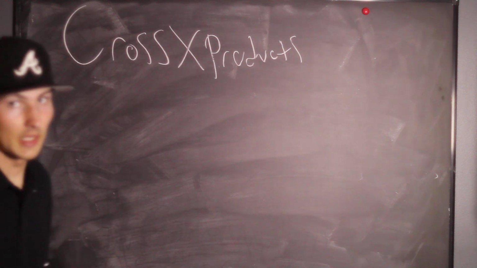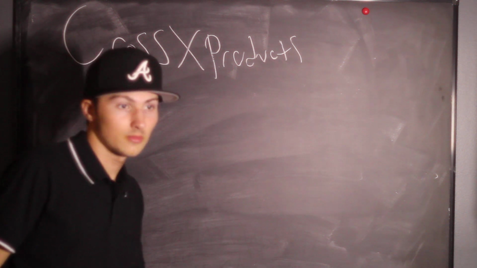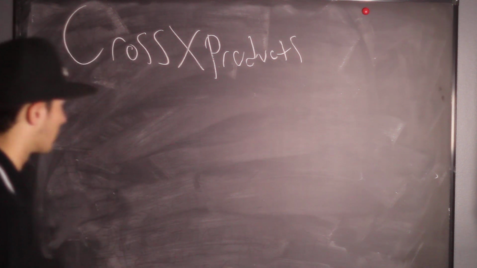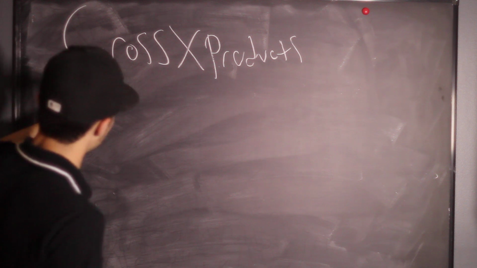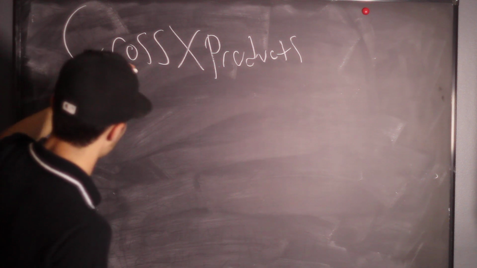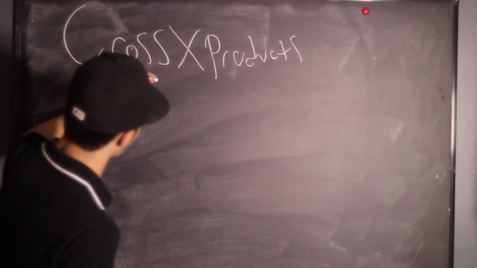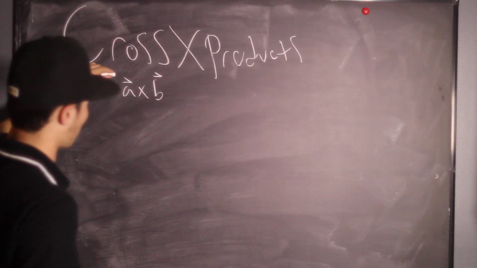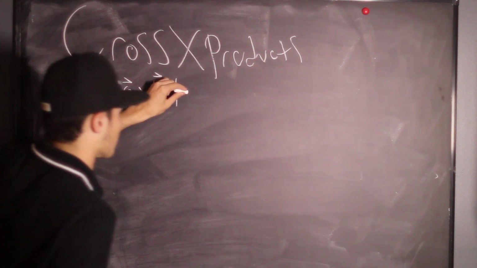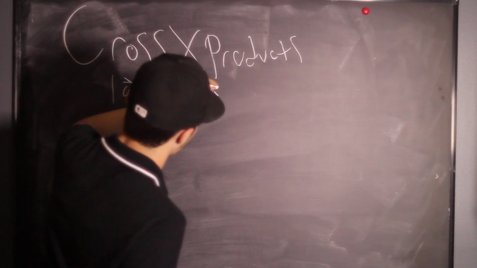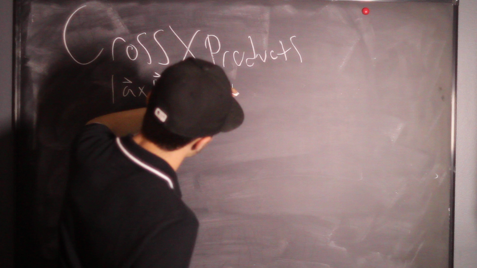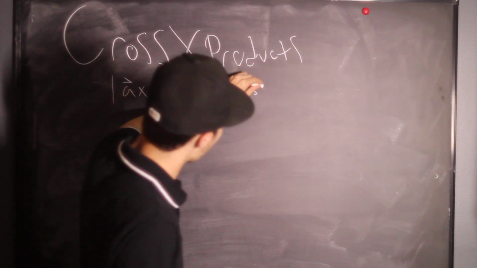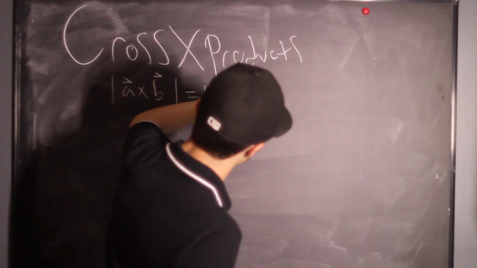Let's talk about how you can get the magnitude, because actually getting the cross product is going to require us to take the determinant of the unit matrix. So for two vectors A cross B, if you want to find their cross product's magnitude, you can multiply the magnitude of A times the magnitude of B, and then the sine of theta between them.